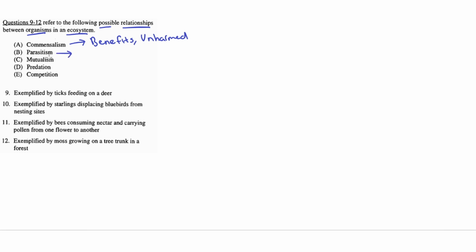This is rather self-explanatory because parasitism relates to parasites, and in this case one of the organisms benefits and the other is harmed. C. Mutualism. This is another relationship, and in this case, both organisms benefit. So there'd be one of the organisms benefits, and the other organism benefits as well.